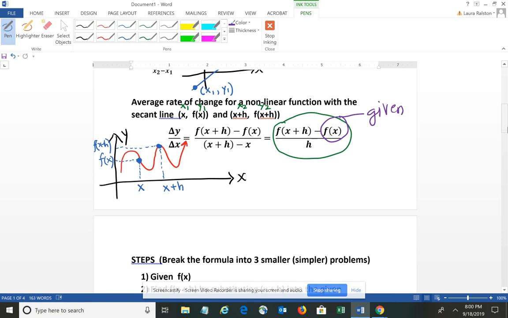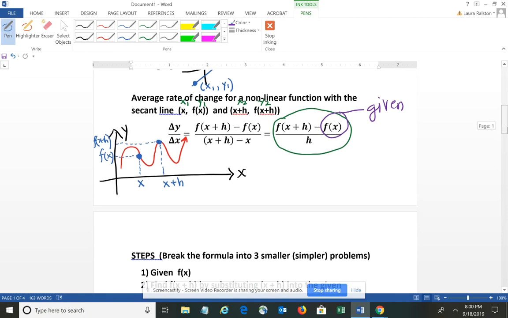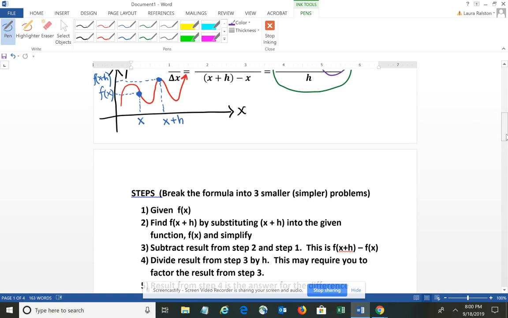So then we need to find f of x plus h, which is basically a substitution problem. It's a good old basic algebra skill that hopefully you've already learned. So we substitute x plus h into the function that we're given, and we have to simplify. Once we've done that simplification, we have both of the pieces that we need for the numerator, or the top.